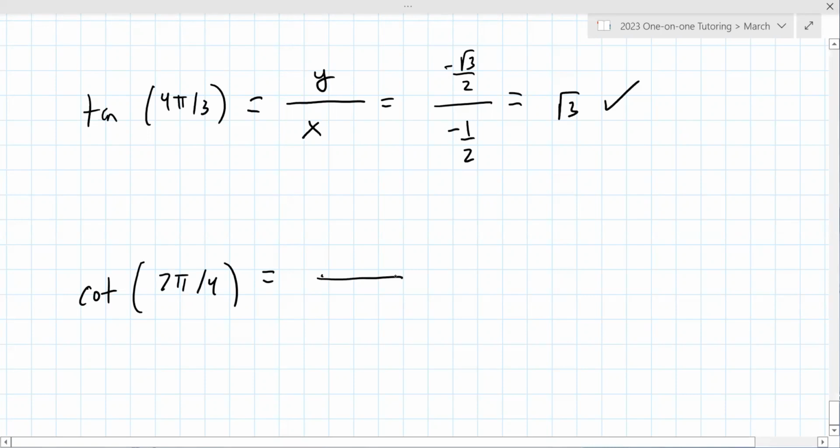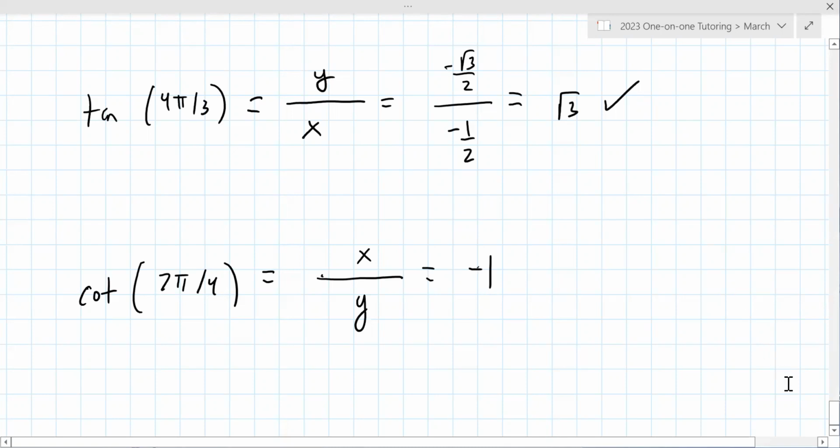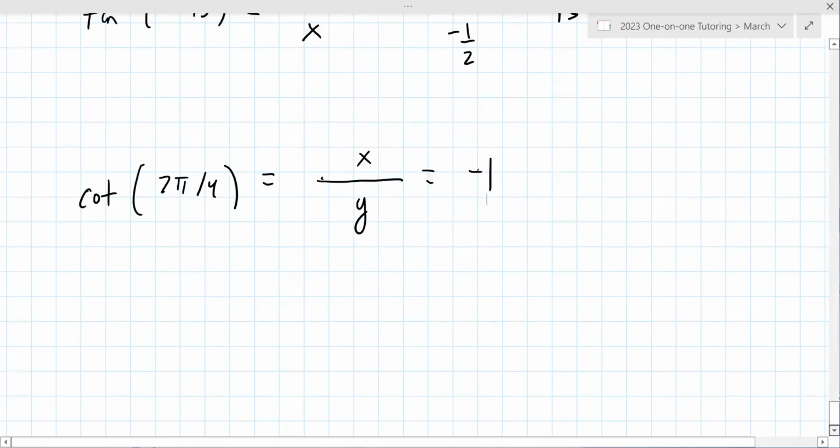So that would be on the bottom. Or actually, no, it would be on the top. That's right. Yeah, it's x over y. Give me your final answer here. Oh, it would just be -1. Yes. Okay, so now let's just do a couple of negative ones here.